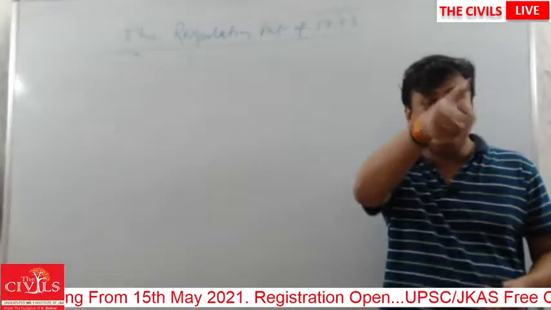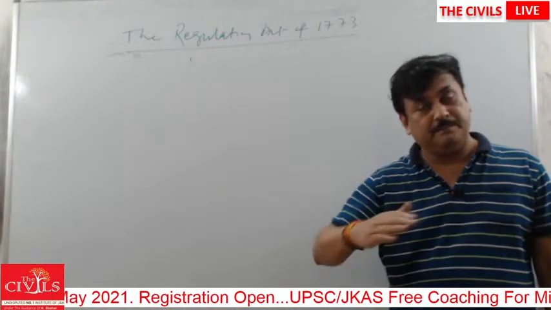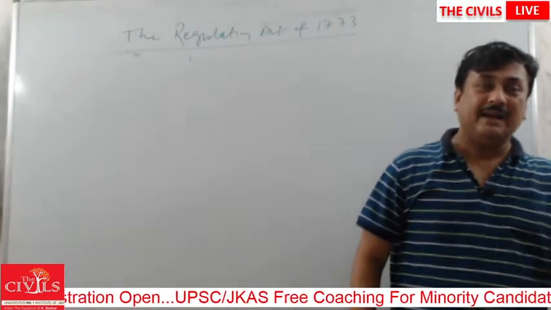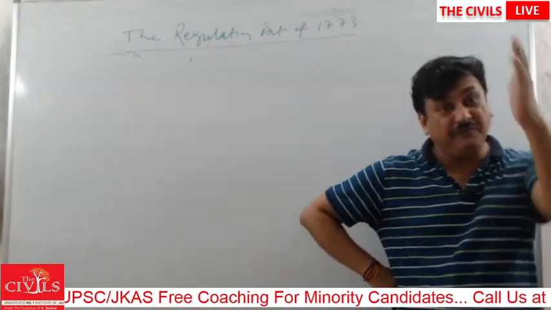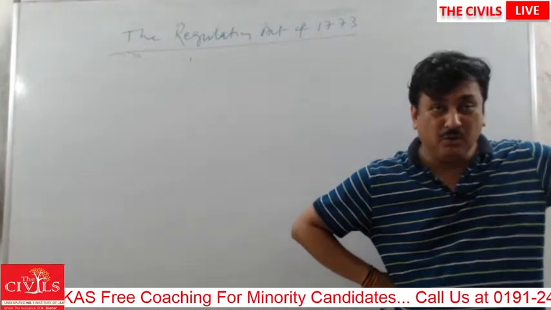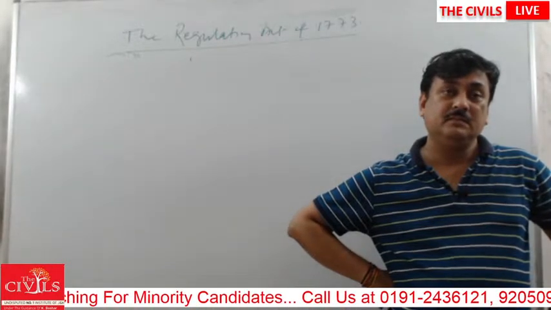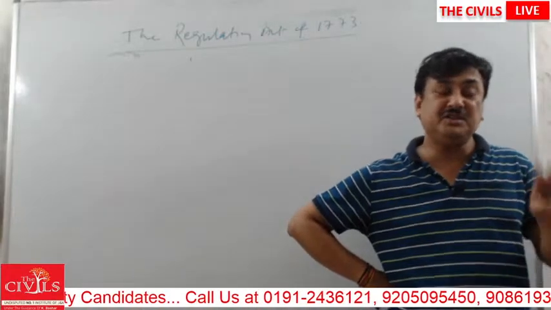So it was contradictory. The company approached the government for a loan, and on the other hand, the company also paid dividend, profit, to their shareholders. So the contradiction was there.